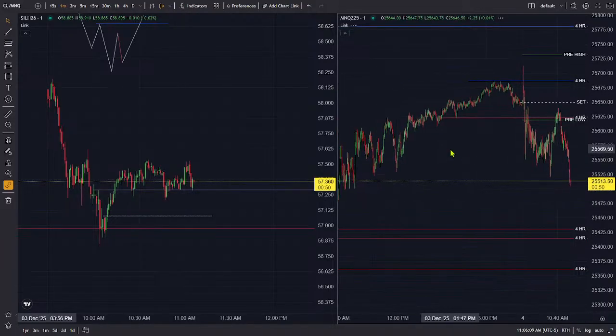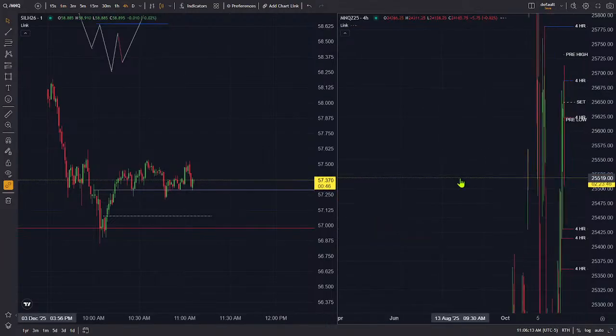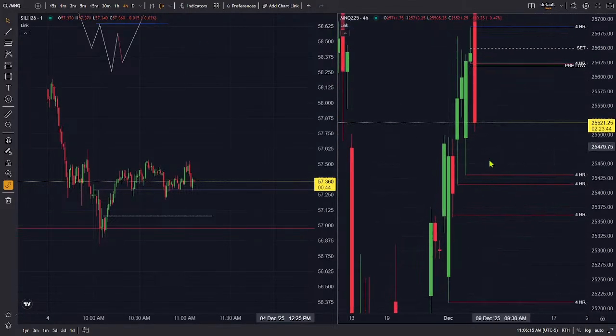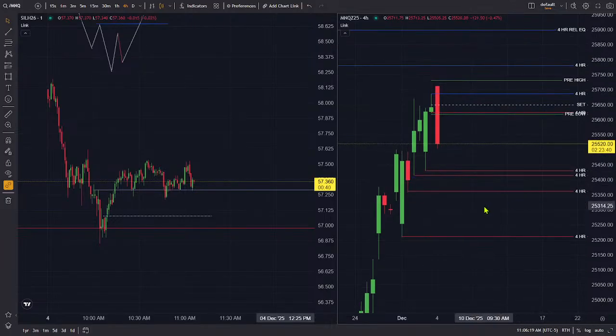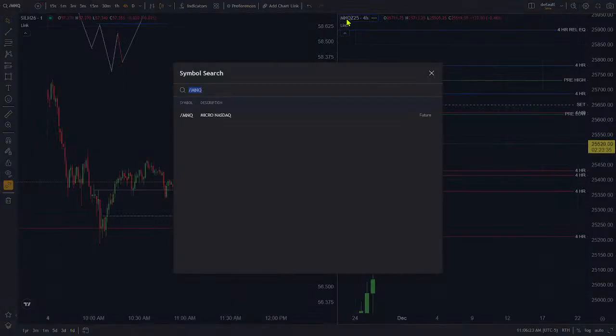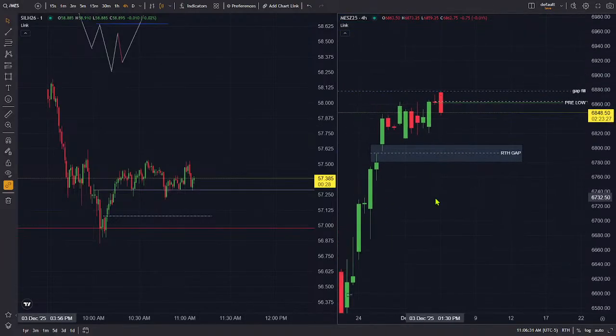See, NQ's 4-hour looks ugly in comparison to ES. See how ugly that looks? And if we look at MES, much cleaner lines.